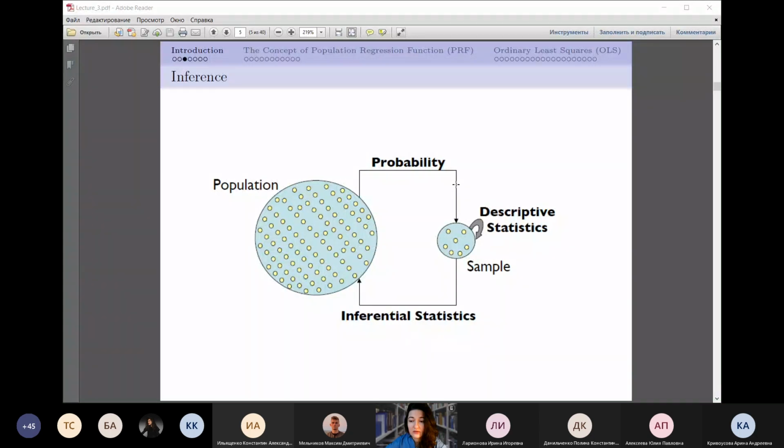So we can divide all statistical techniques into two broad categories: descriptive statistics and inferential statistics. And what can we do with descriptive statistics? We can use this technique to describe the characteristics of some data set, the features of the population, or the features of the samples.